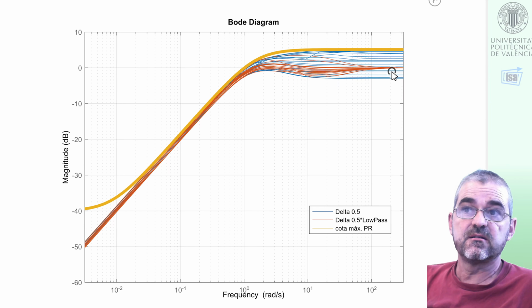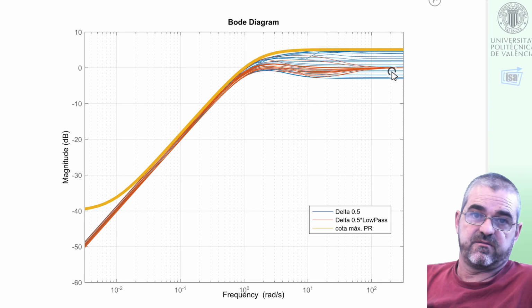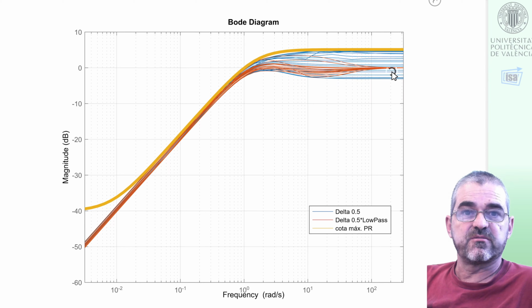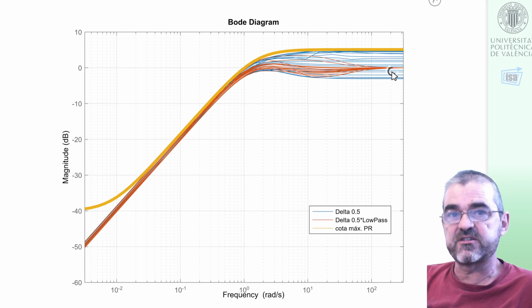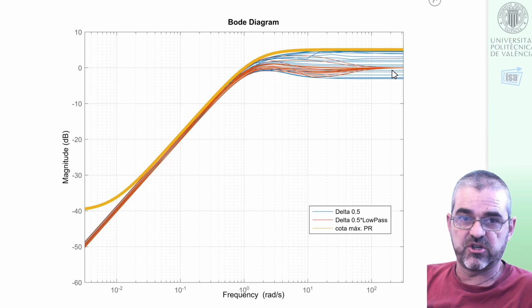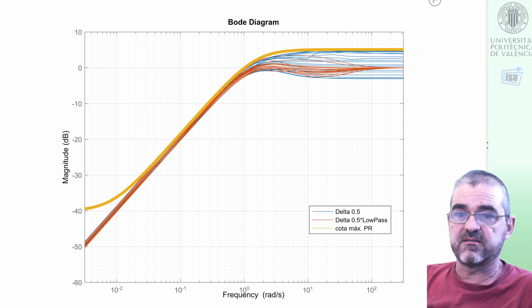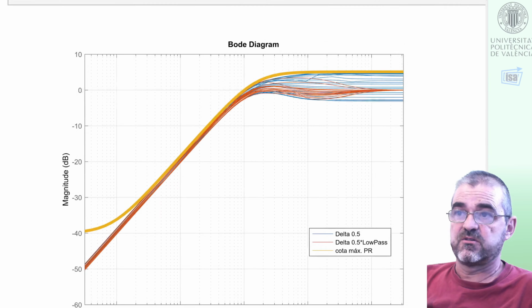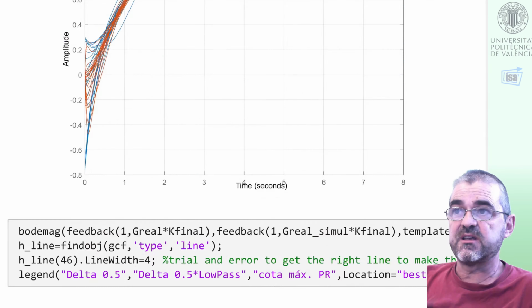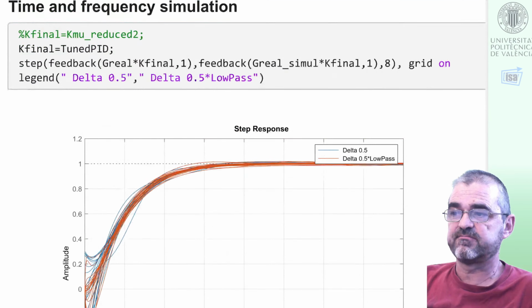The design plant is the blue one, even if the red plant is my simulation, because I do not believe there is so much high frequency uncertainty. But just in case it is, I designed for the blue line to be below the template. That's robust performance.